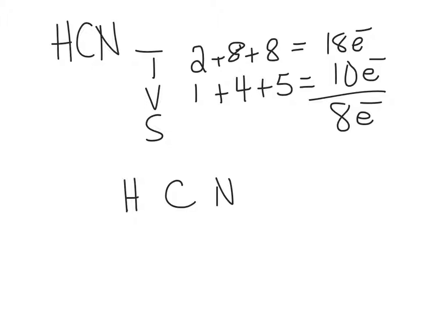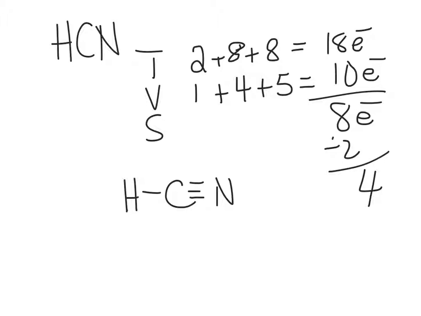HCN, put your bonds in, that uses up 2 bonds. We've got a total of 4 bonds. Carbon can take 2 more bonds. Nitrogen can take 2 more, so let's put them in there. So now we've used the 4 bonds, 3 on one side of carbon, 1 on the other. We've used then 8 electrons.